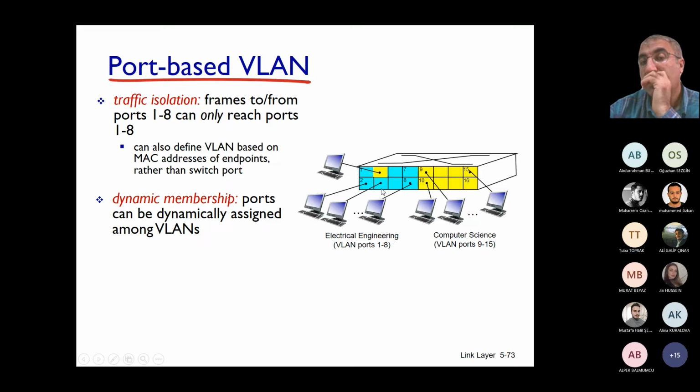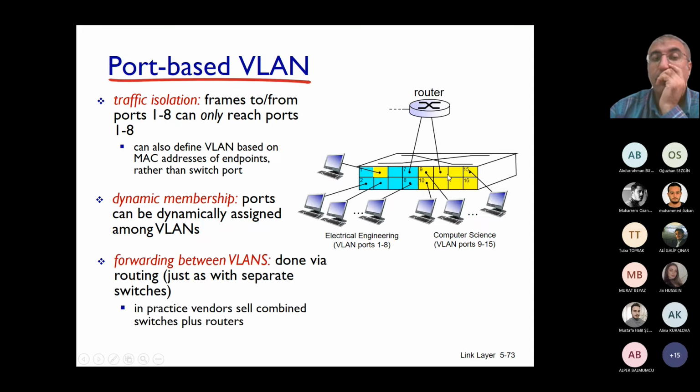For instance, this third port can be assigned to the computer science group. Forwarding between these different virtual LANs can be done through routing, using a router device. In practice, manufacturers sell combined switches and routers in a single box.